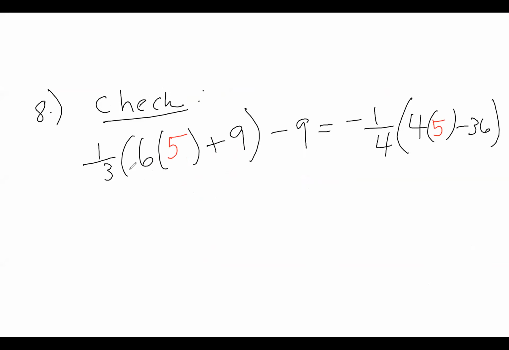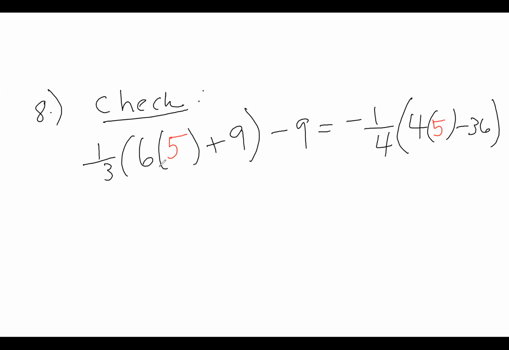Okay, so 1/3, parentheses, 6 times 5 plus 9, close parentheses, minus 9, equals -1/4, parentheses, 4 times 5 minus 36. Remember, when we're checking, we're plugging in, we're replacing a variable with the answer that we got, and then we'll simplify on both sides and just make sure that we're getting the same thing on both sides of the equal sign. So let's use some order of operations.